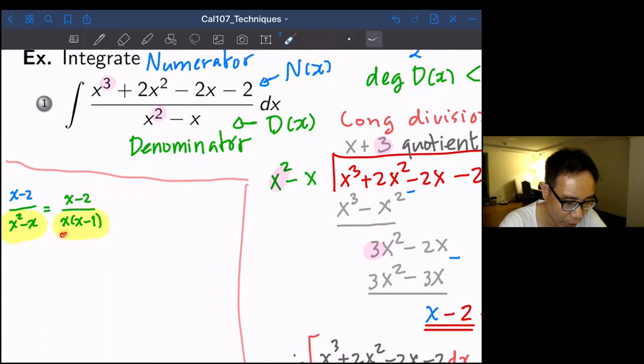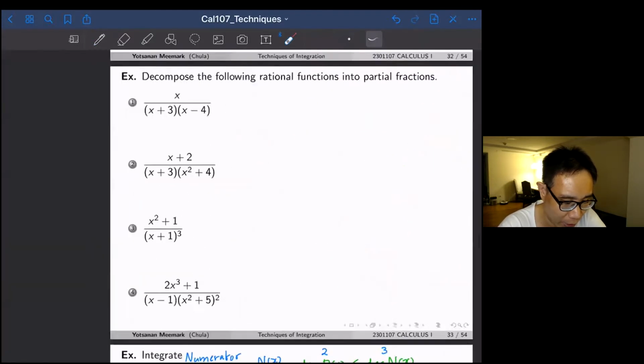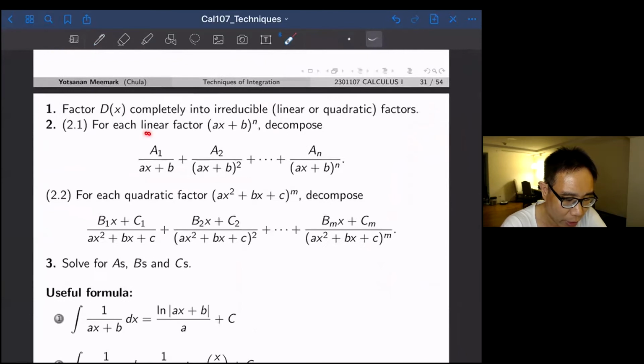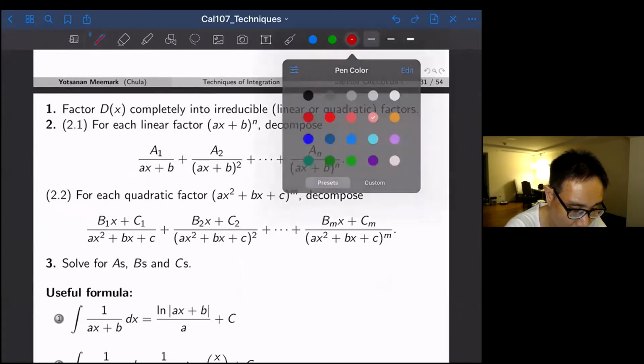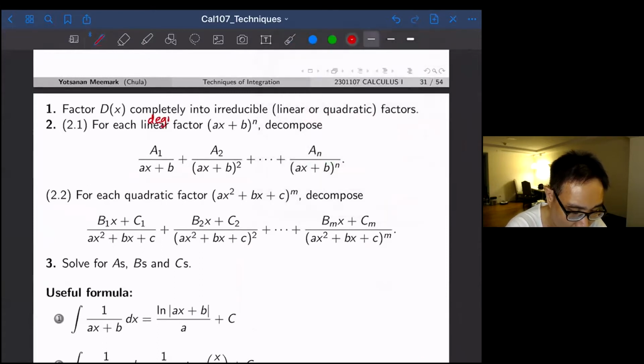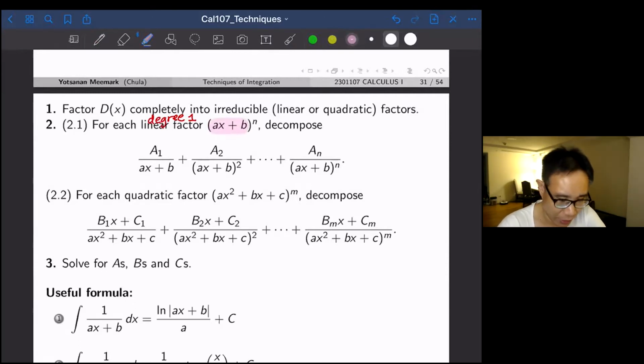So what is linear? Linear is degree 1. For each linear factor, the degree is 1. For example, you have (ax plus b) to the n. The degree 1 I mean is the degree of this function, so you see that it is degree 1. It's not involving the n.